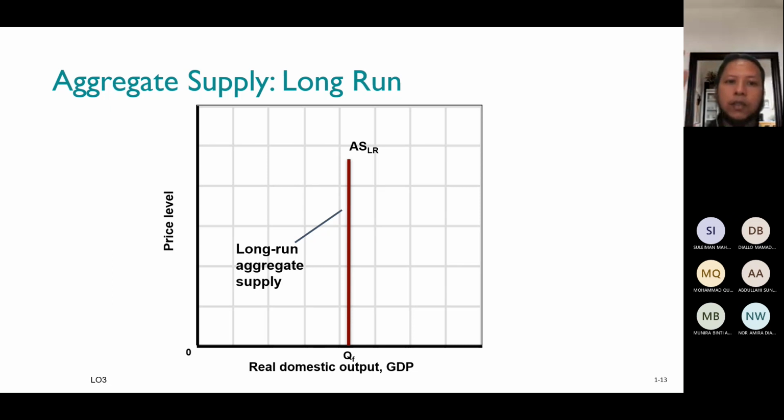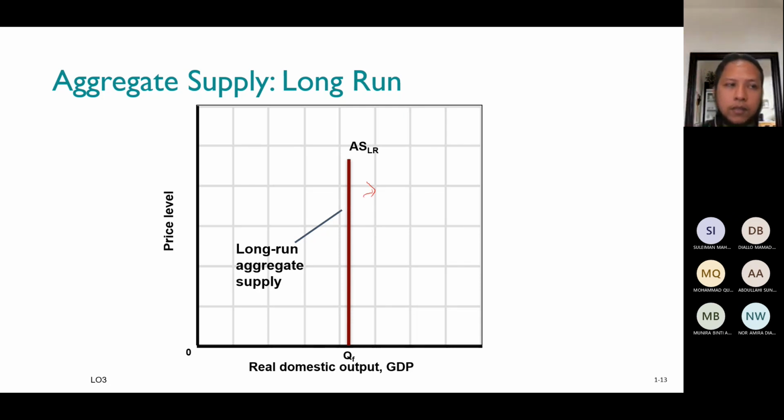It can go to the left, but usually if technology improves, the long run supply curve will shift to the right. If there are various factors, it may shift to the left as well, but usually this curve in the long run may shift to the right.